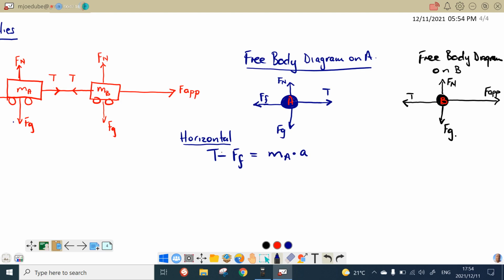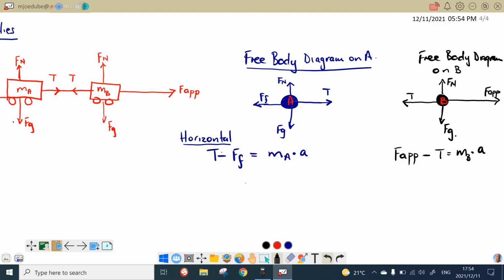And then on free body diagram B, you are going to have FAP, that is the applied force, minus T is equal to the mass of body B multiplied by the acceleration. The acceleration is going to be the same. T is also going to be the same. The reason the acceleration is the same is that the objects are connected, and therefore if there is an acceleration, both objects are going to move together.